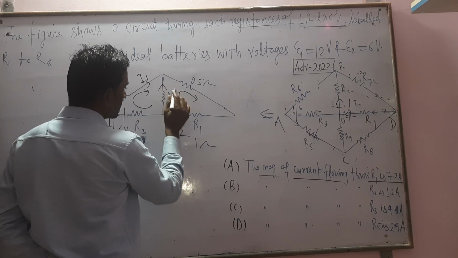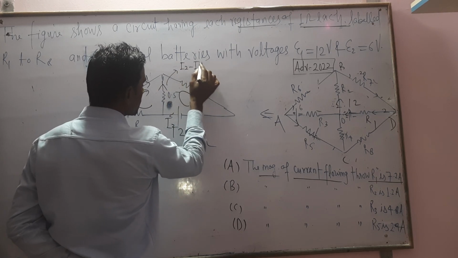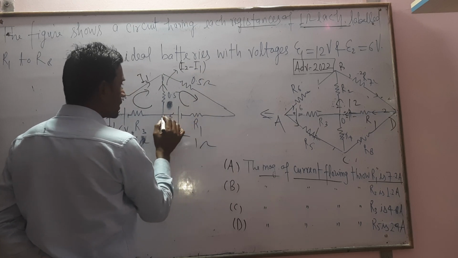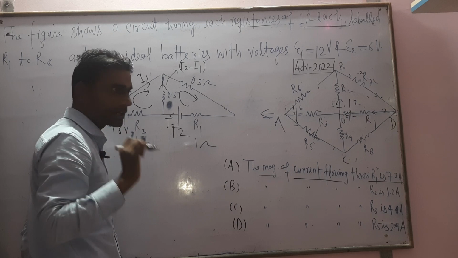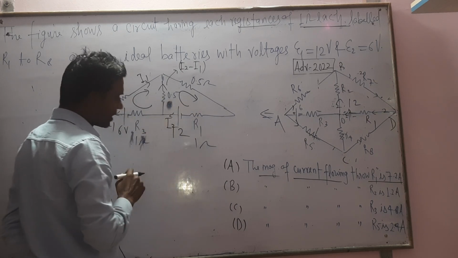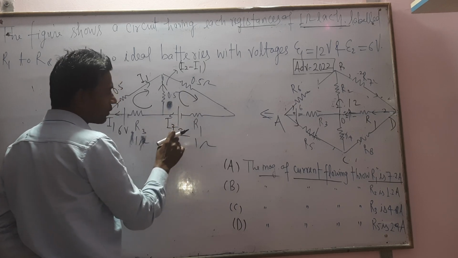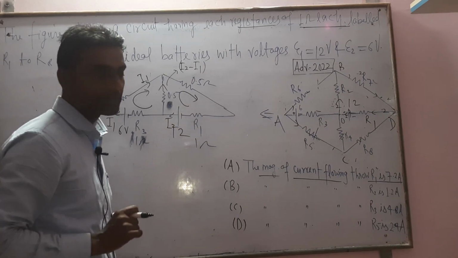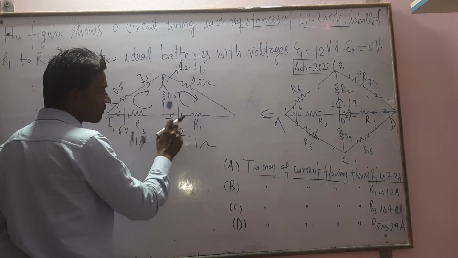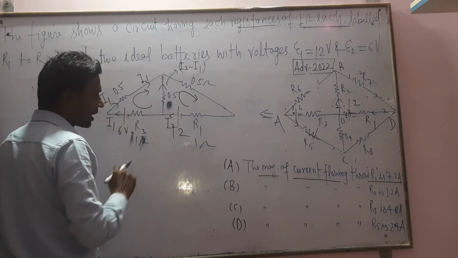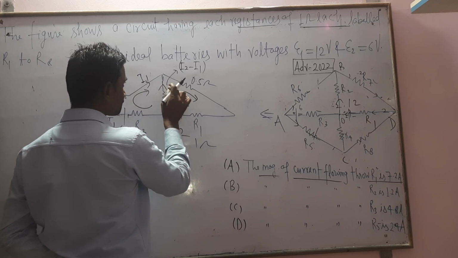This implies that in this branch the current will be flowing I2 minus I1, in the upward direction, because the 12 volt battery is more effective.